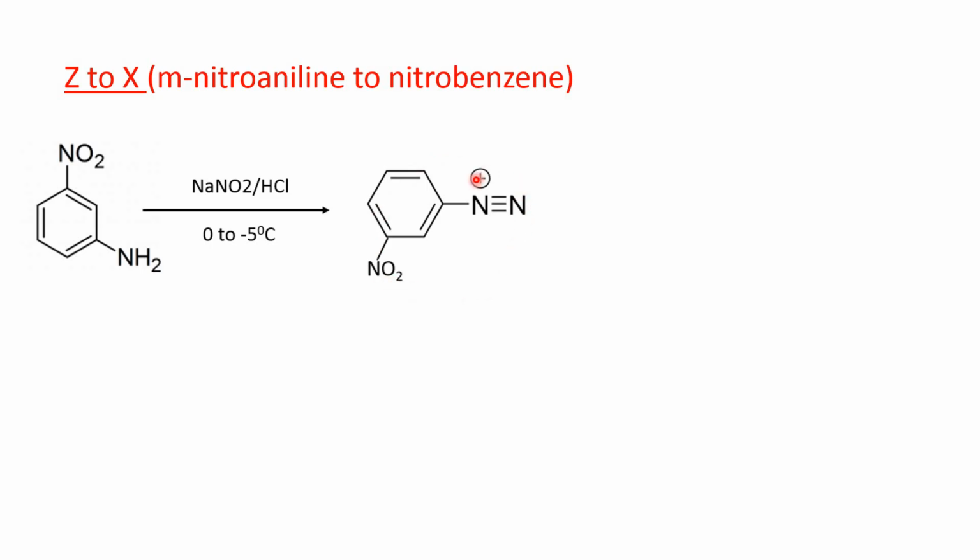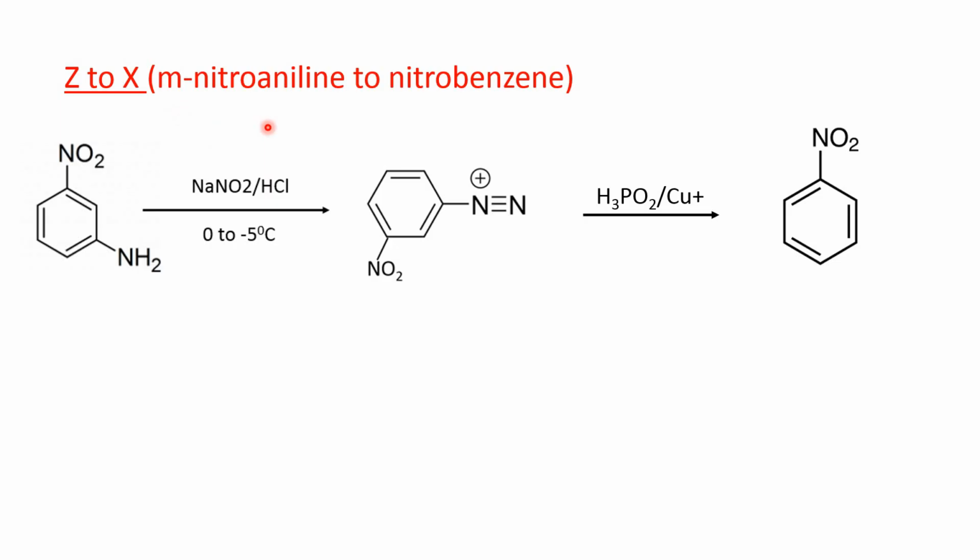Now if you want to prepare nitrobenzene, the nitro group is already there, so this group has to be replaced by hydrogen. How is this diazonium group replaced by hydrogen? The reagent is hypophosphorous acid in the presence of glutathione. Then this group is replaced by hydrogen, and the nitro group is already there, so you will get nitrobenzene, which is your X.